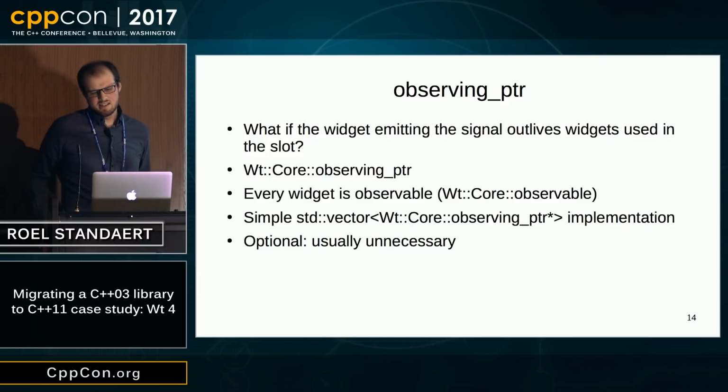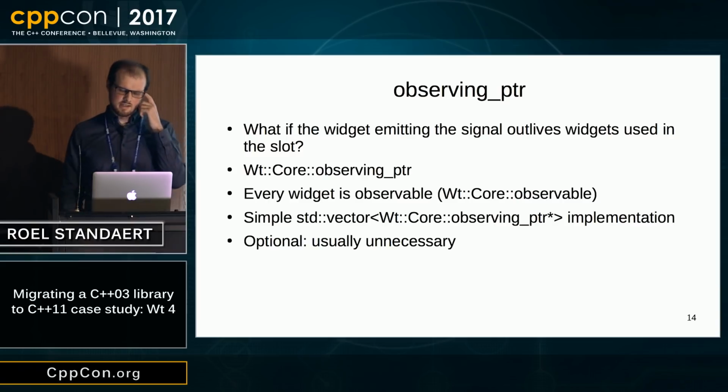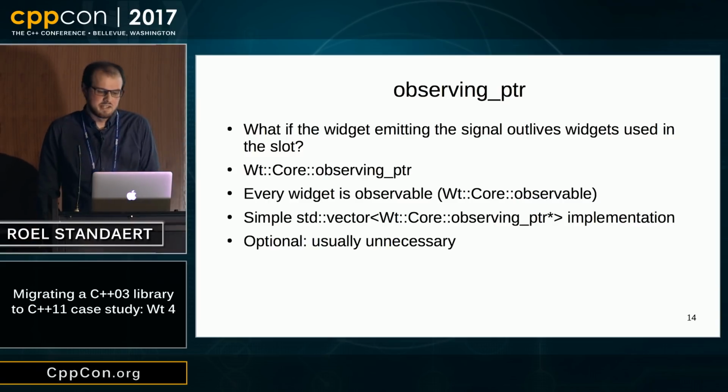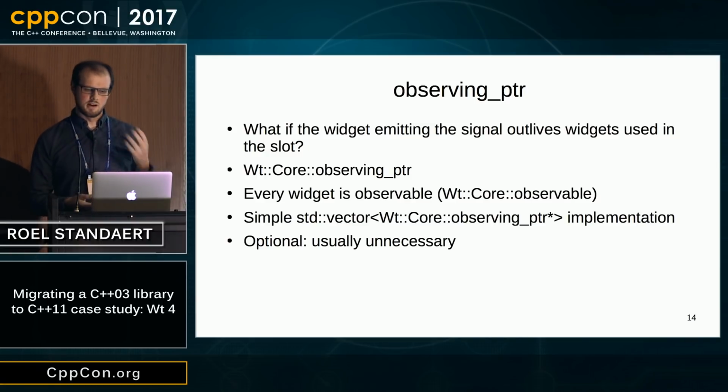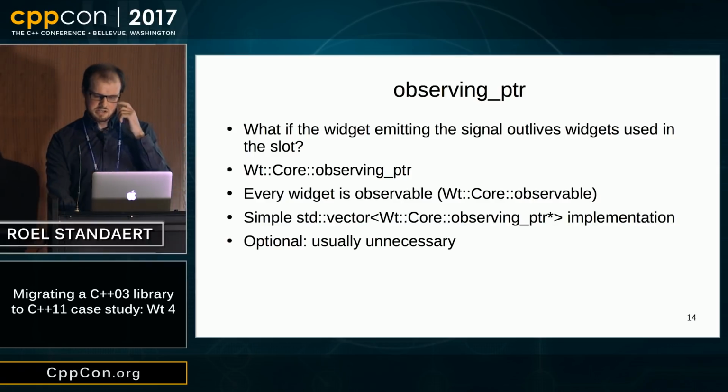We noticed that for the most part this ended up being unnecessary, because the way our applications worked, this was an uncommon edge case. We don't want to force a new concept onto our users, and if they're sure they're not going to have these dangling pointers, we didn't want to say you have to use it.